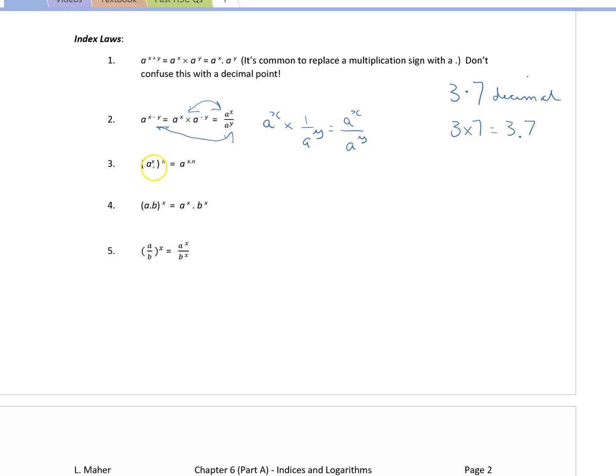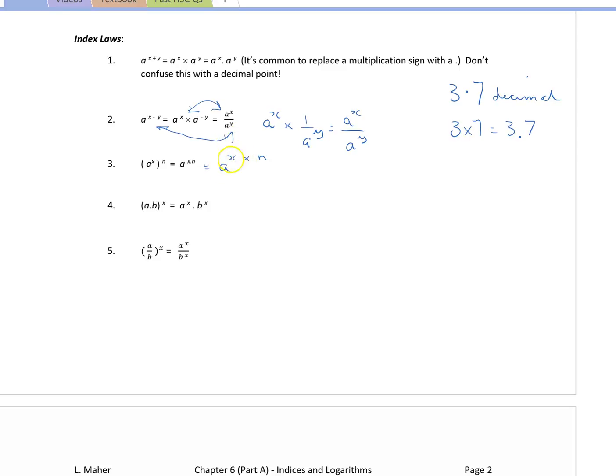When you've got an index raised to another index, then we multiply the indices. You can see I'm using the dot notation for multiplication there. That's really a to the x multiplied by n. You can see why we introduce this dot notation, because a lowercase x and a multiplication sign often look the same, especially in typed script.